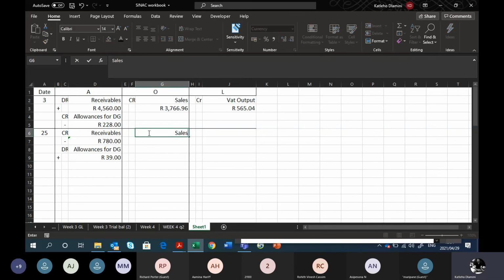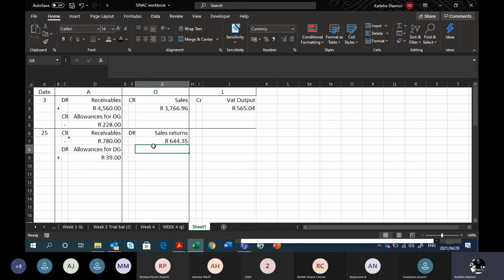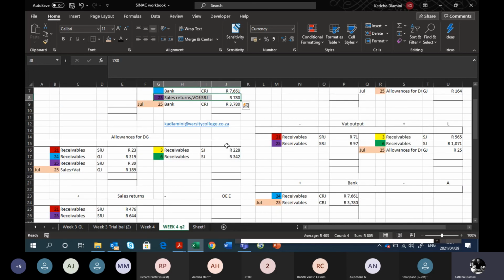Then you have sales returns being debited for an amount of 644. And then last but not least, you have your VAT output being debited.